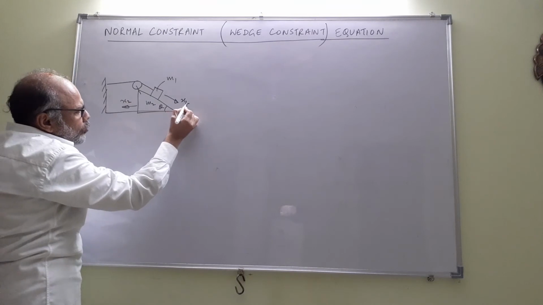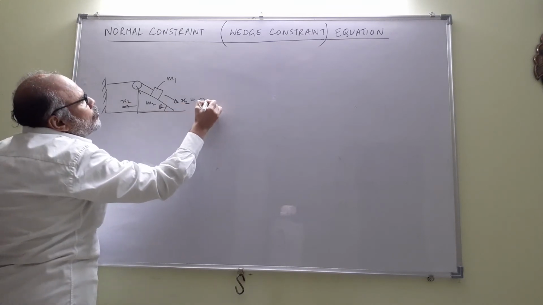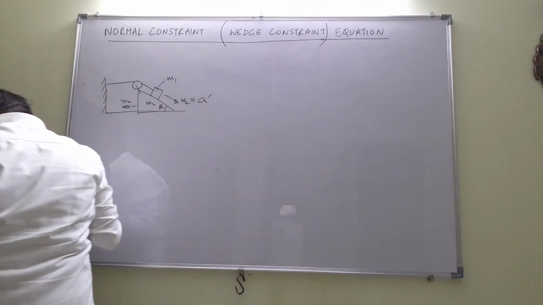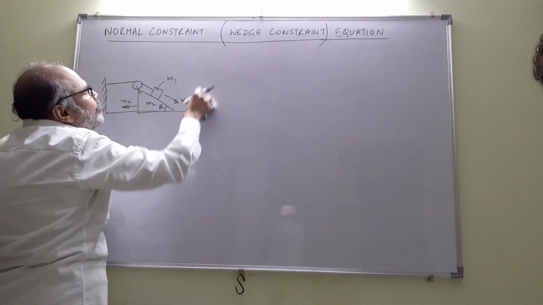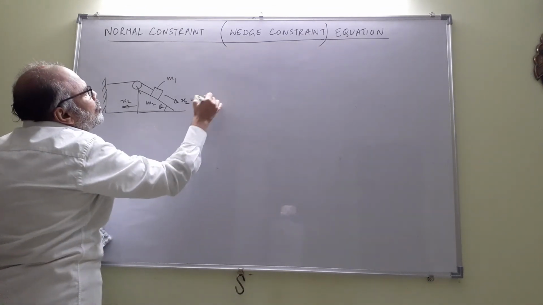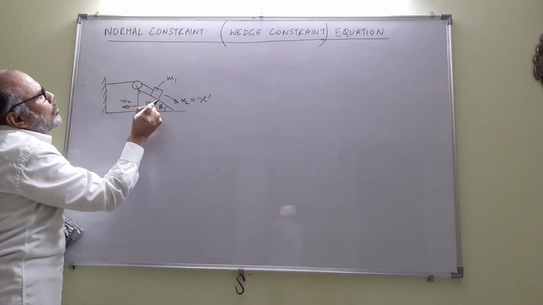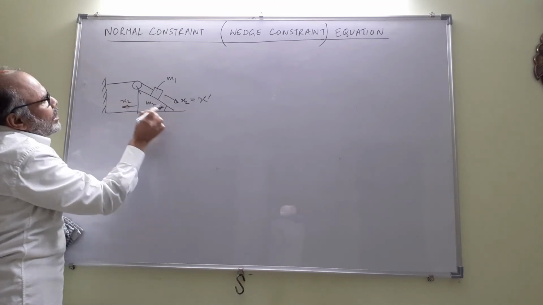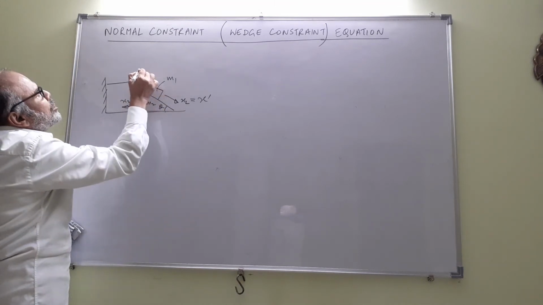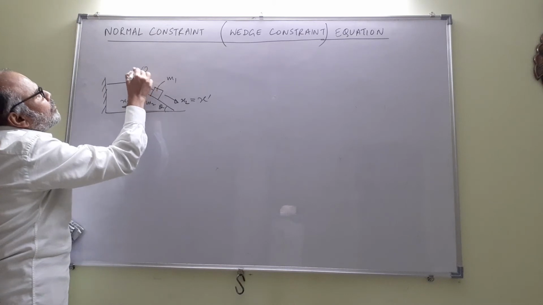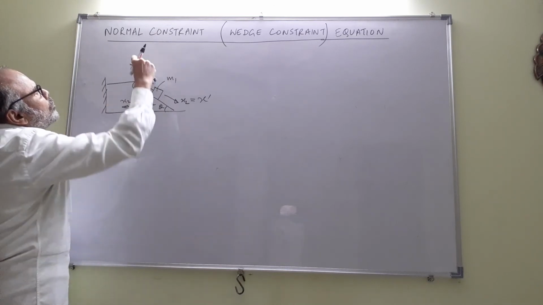It is not from the ground frame. So x2 would be x dash, the motion of the block on the wedge. That is, if you are positioned on the wedge and watching.